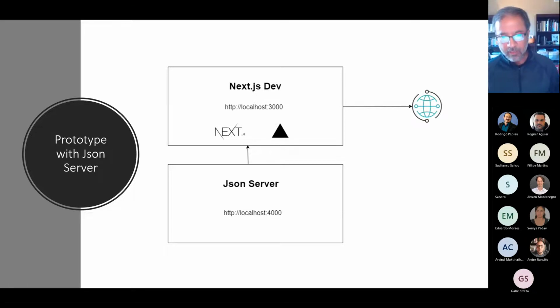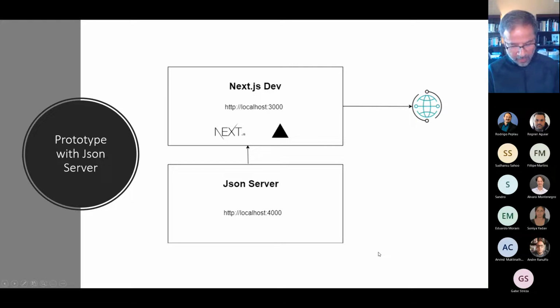So I thought I could build those JSON responses, use something to build my program and architecture, and then go to the actual CMS, whichever CMS I use. If you are not aware of JSON Server, it's an NPM package that's really good for prototyping.